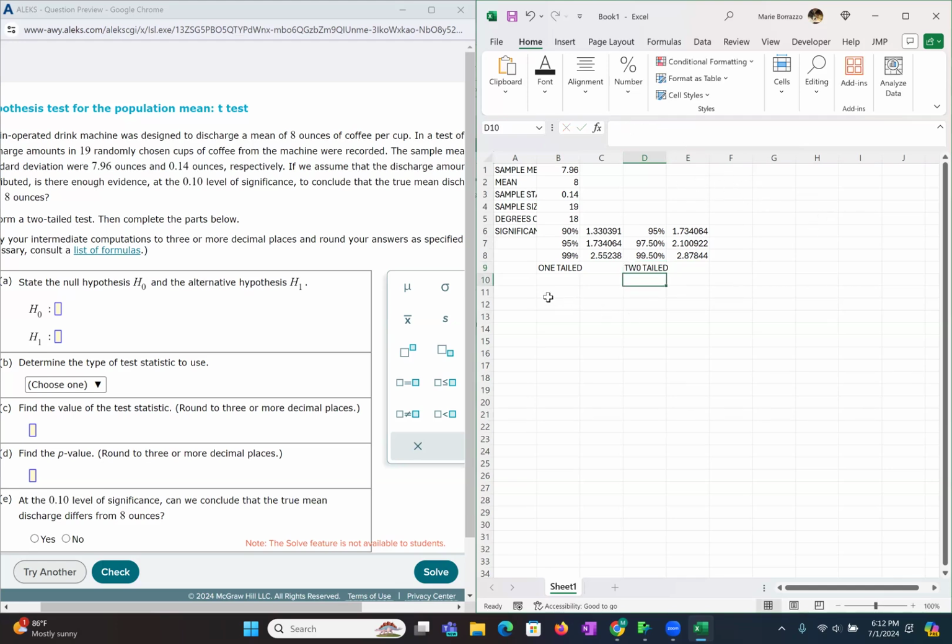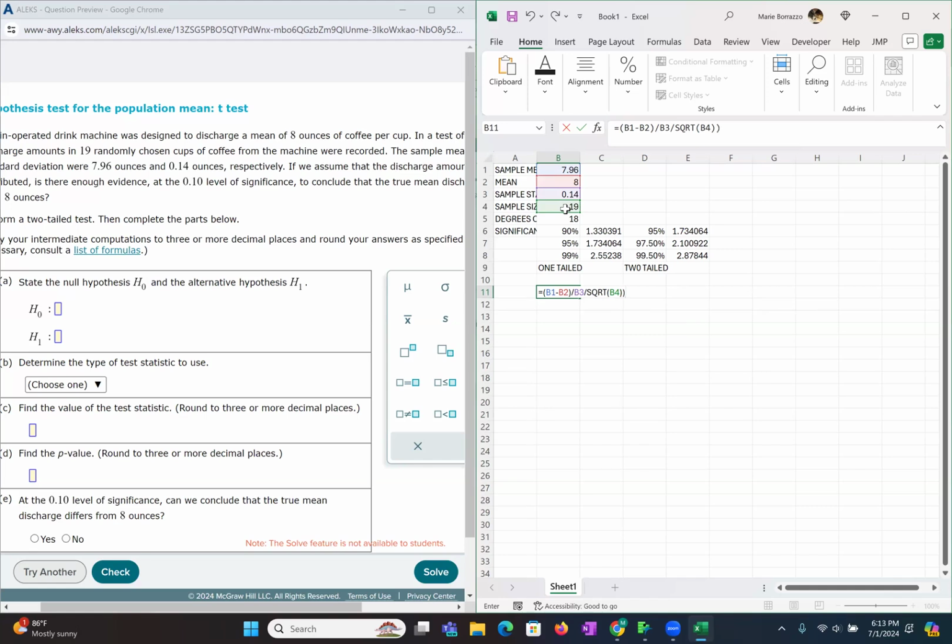Now, the formula. This is going to be equal to the sample mean minus the mean itself. All of that is a value. And all of that is divided by the standard deviation divided by the square root of n, so that is the full sample size.